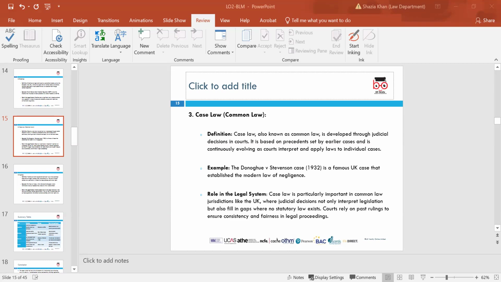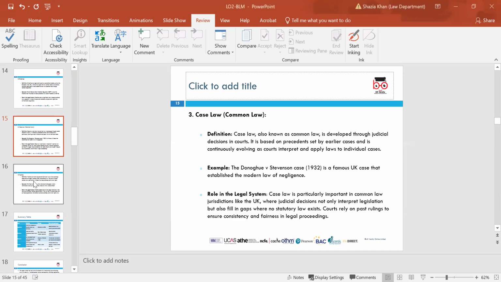The court held that a duty of care existed between the ginger beer manufacturer and the ultimate consumer, even though there was no direct contract between the parties. This is something you can have a look at in your own time.